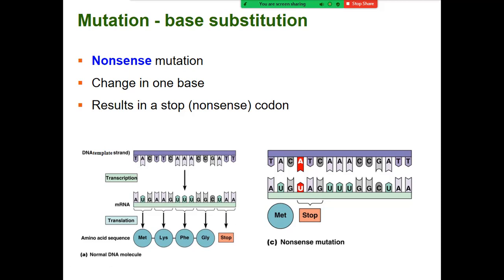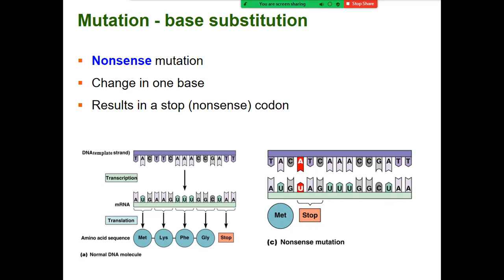This is a nonsense mutation because instead of the codon coding for an amino acid, the codon now codes for stop. Whenever you have a nonsense mutation, upstream of the nonsense mutation, you have the same protein, but downstream you have no amino acids in the protein. So it's a truncated protein.